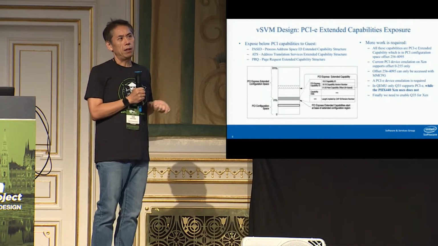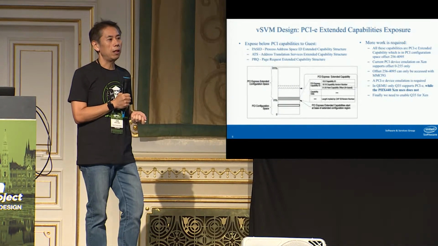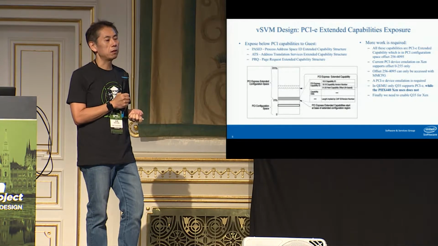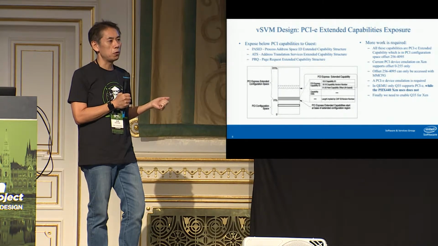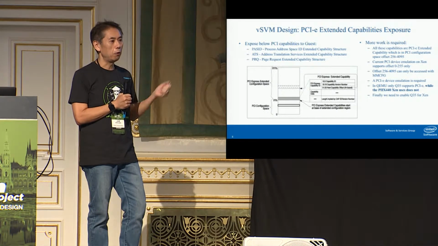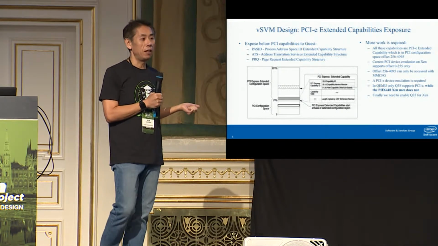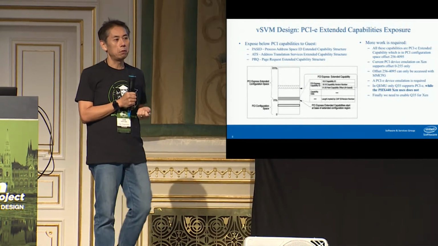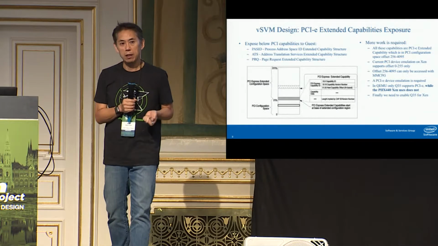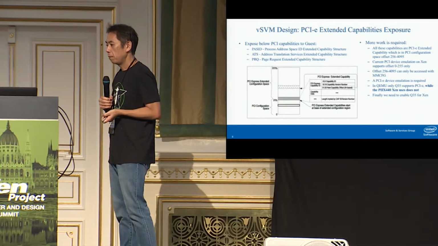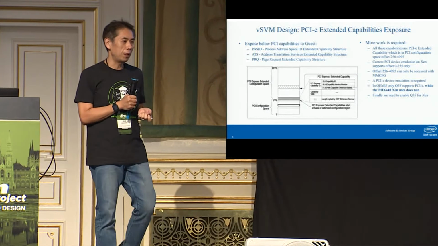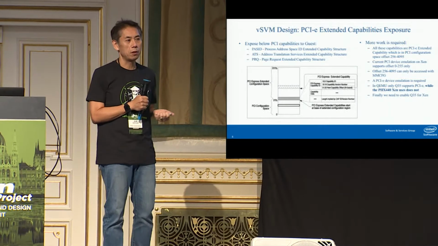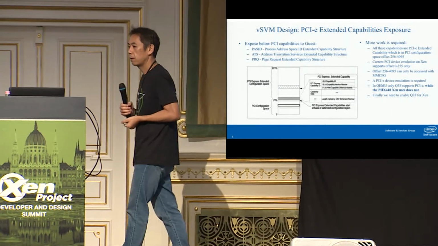We also looked at what KVM is doing. By default, KVM doesn't use Q35, actually. It's possible for QEMU to use Q35, but on the Xen side, it's not really enabled yet. So we need to work on the QEMU side to make it available for Xen as well, okay? Because if we don't do that, we are missing the new advanced features, not just SVM, other features are available on the PCI Express side. Okay.